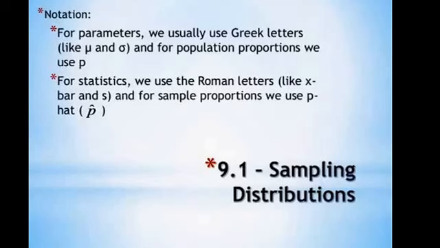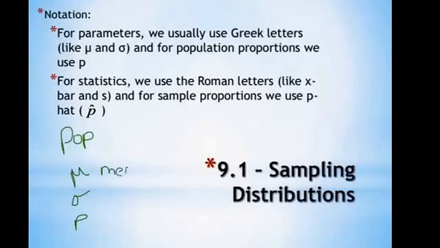So if we are talking about a population, think of Greek letters, so mu, sigma, and P. Remember, mu is for a mean, sigma is for standard deviation, and then P is for a proportion.